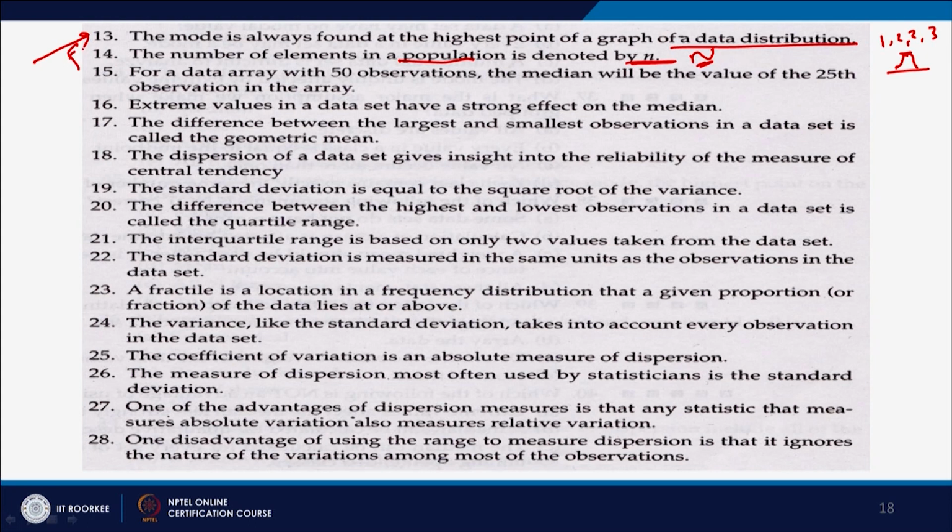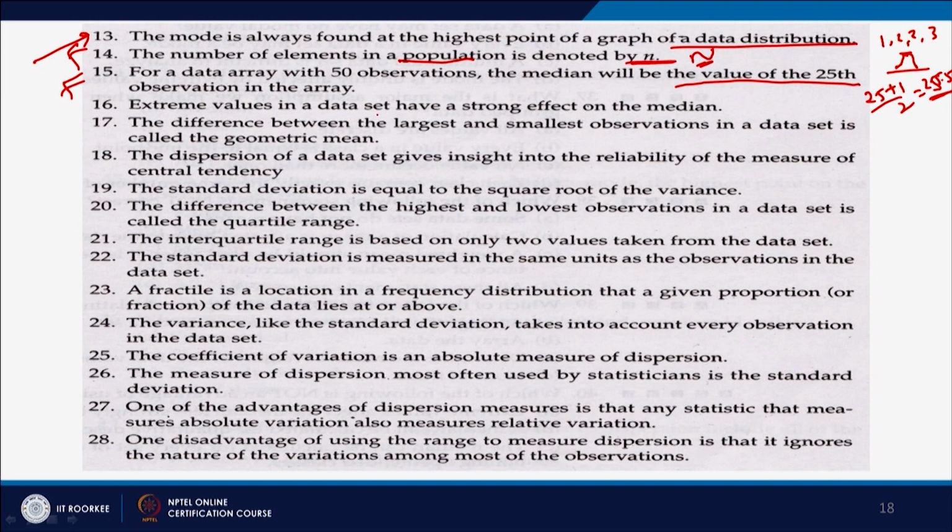So, this is false. 15th, for a data array with 50 observations, the median will be the value of the 25th observation in the array. Is it the 25th observation or what? No, it would be 25 plus 1 by 2, right. So, it is 25.5, right. So, it would be the mean of the 25th and 26th observations. So, this is false.